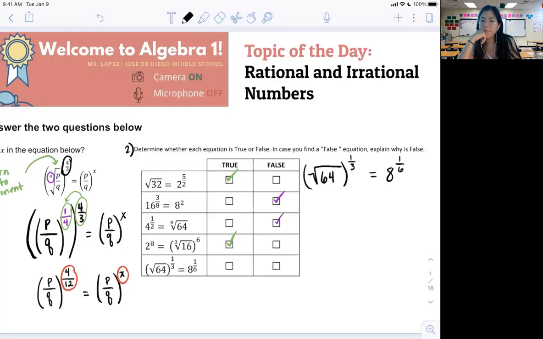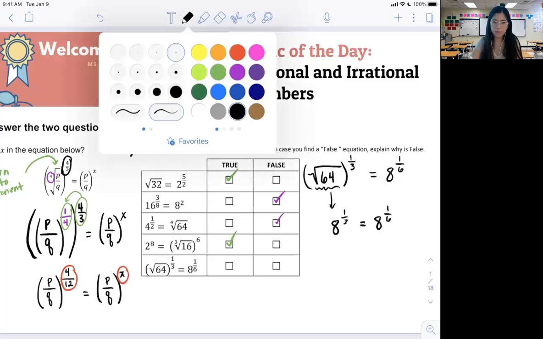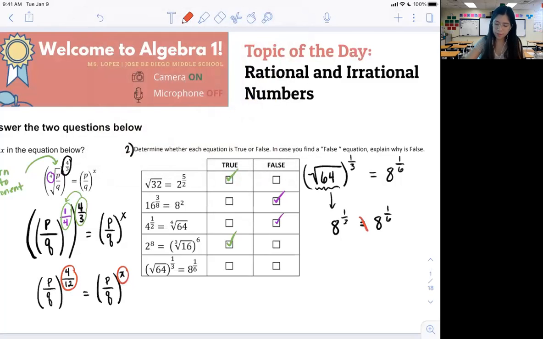Yes, it's going to be 8. Square root of 64 is just 8. So I have 8 to the power of 1/3, and then 8 to the power of 1/6. Do those match? No, they have different exponents.